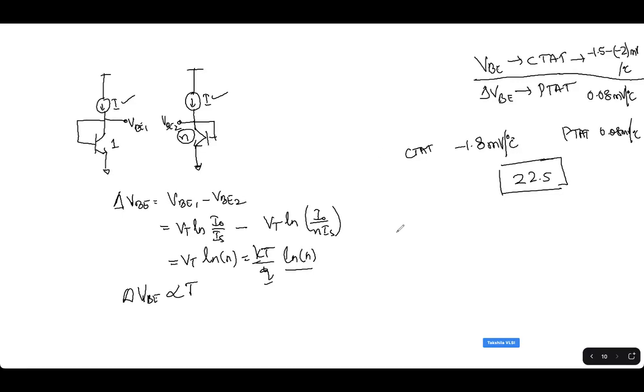The numbers given are in the range of 1.5 millivolts per degree Celsius. You can look at Razavi, and it is 0.087 millivolts per degree Celsius, I believe. It does change from technology to technology, but for the initial calculations here, we will go ahead and take the same numbers.